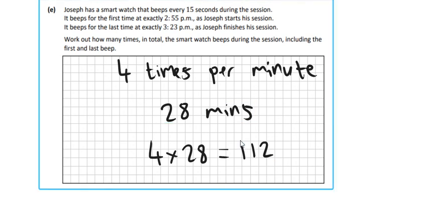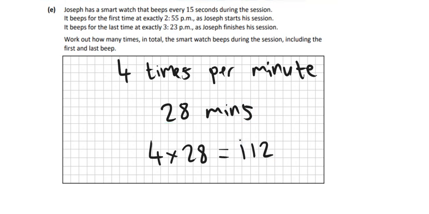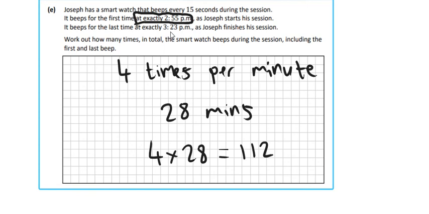Now, there's one other little tricky bit here. Look back up the question. It beeps for the first time at exactly 2:55. So we haven't actually counted that beep in our answer, because if you imagine at 2:55, we've started from 15 seconds on from there. So our first one that we've calculated is 2:55 and 15 seconds.